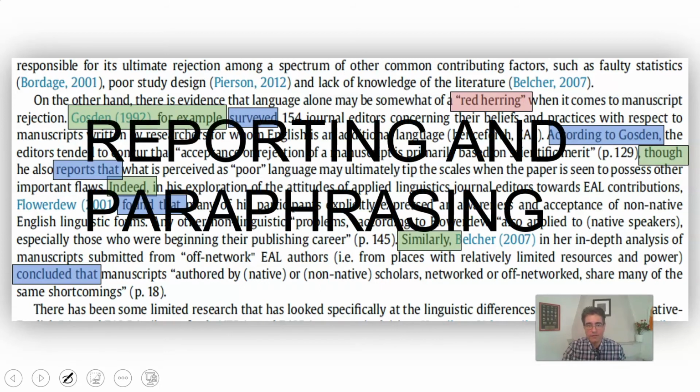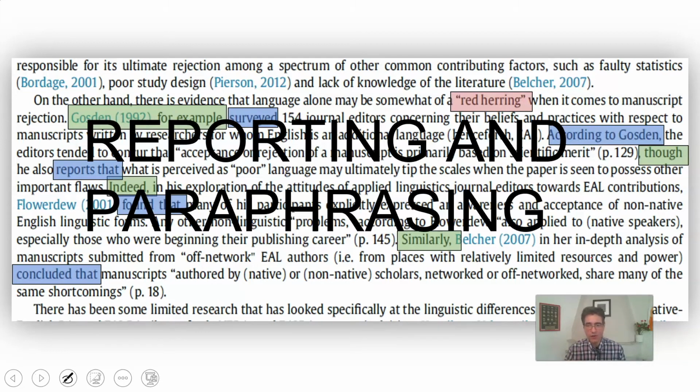All right. So reporting and paraphrasing is a key part of argument building. It's a really key part of when you report the literature, but the paraphrasing part is obviously the part that overlaps with the discussion of authorial voice, which is why one should be clear about what plagiarism is, because this is an important part of academic writing.